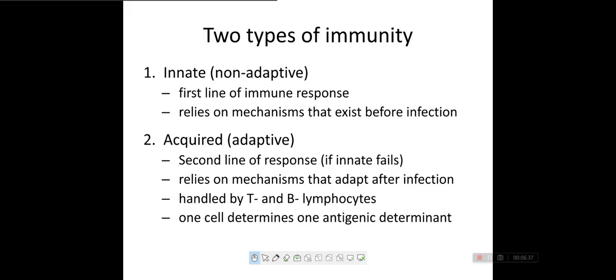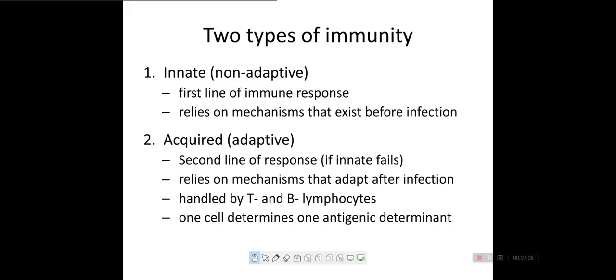The next immunity is adaptive or acquired immunity. What does acquired immunity mean? The immunity and substances which are acquired after birth from the environment, the immunity adapted by that process, is known as acquired immunity. This adaptive immunity is known as the second line of response.